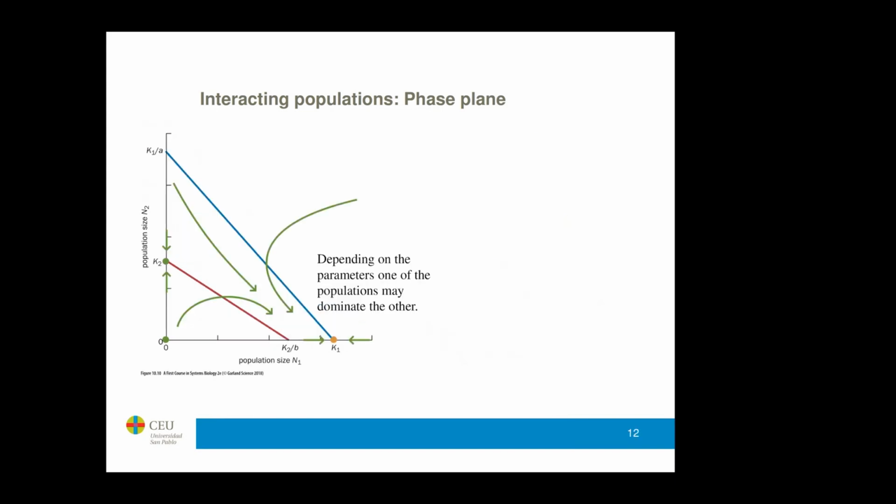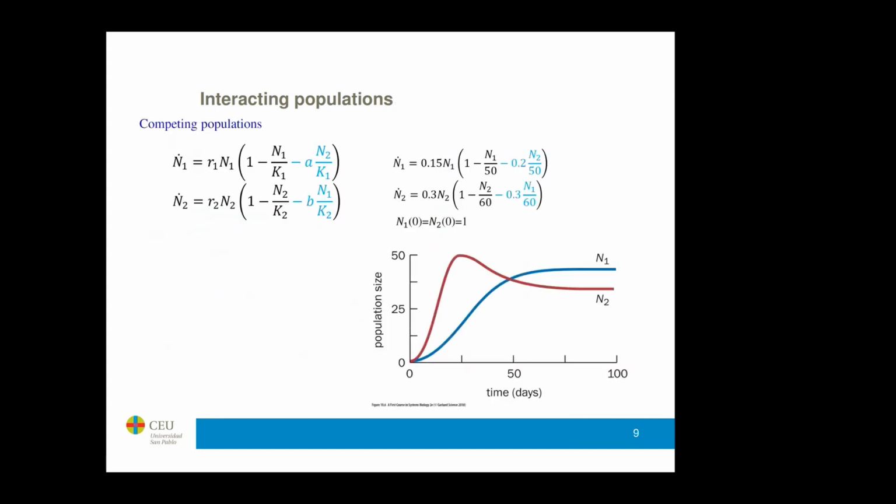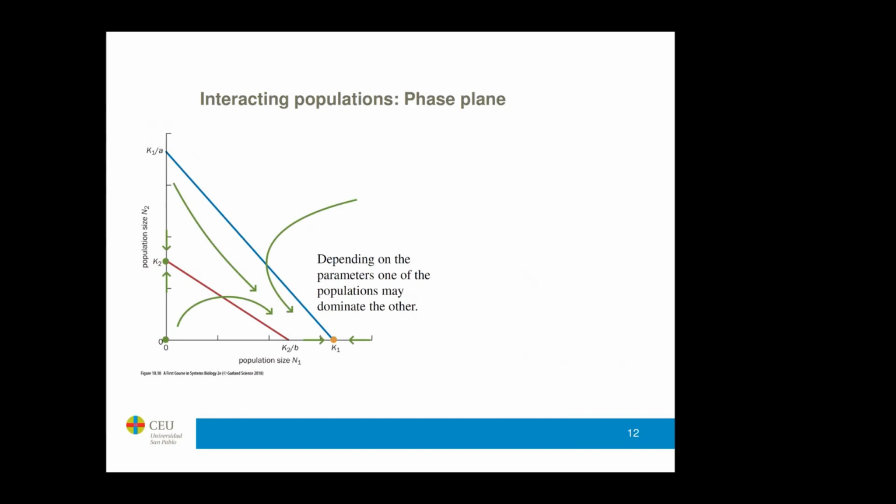The shape of these curves depends on the parameters. These lines, blue and red, depend on the specific R1, K1, A and B, R2, K2. Depending on your constants, you may cross at a point like here, or you may have almost parallel lines, or they do not cross, at least in this part of the space. They cross down here, but down here N2 is negative.